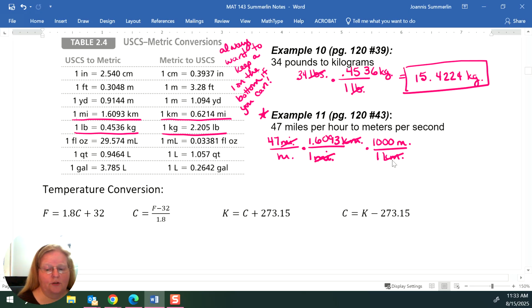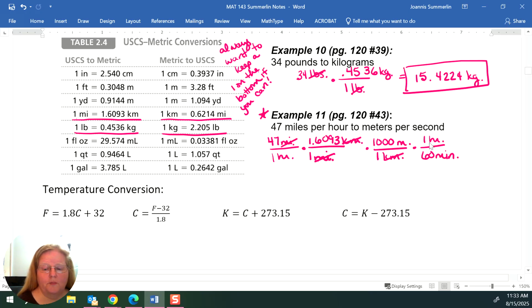We've got it to meters, but now I've got to change it from hours to seconds. What do we know about hours and seconds? Well, an hour has 60 minutes, so 1 hour's on the bottom. I gotta have 1 hour on top. 1 hour has 60 minutes.